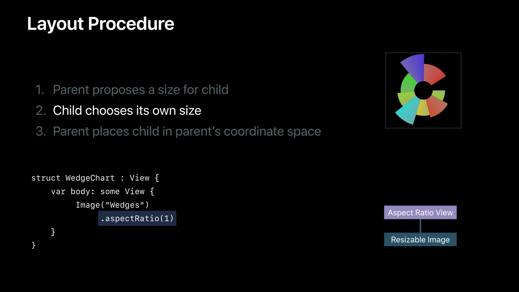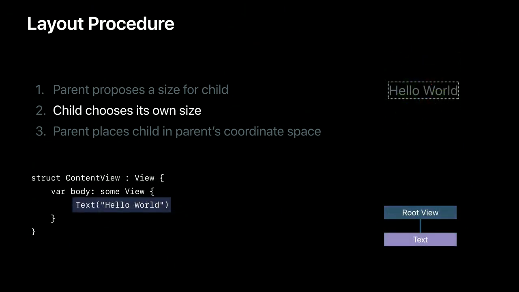So it's always got a 1-to-1 aspect ratio. So sizing is encapsulated in the view definition. We also saw this in action with text. So in SwiftUI, the bounds of text never stretch beyond the height and width of its displayed lines. And we'll see why that's important when we talk about stacks in a minute.